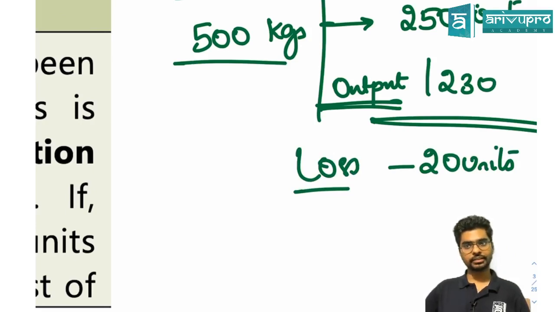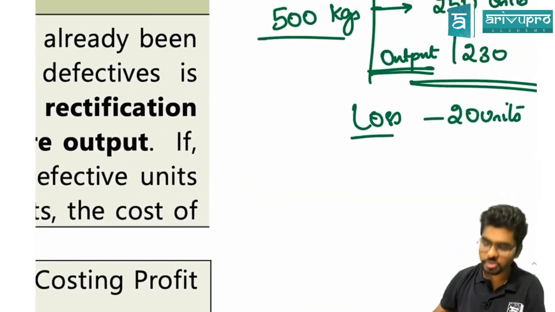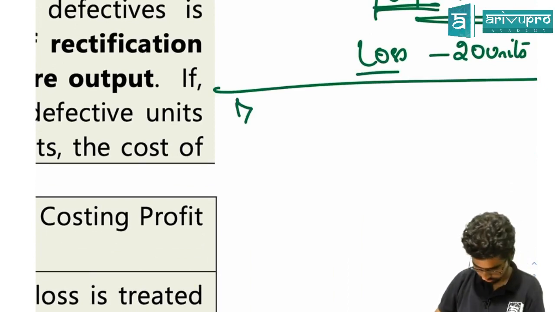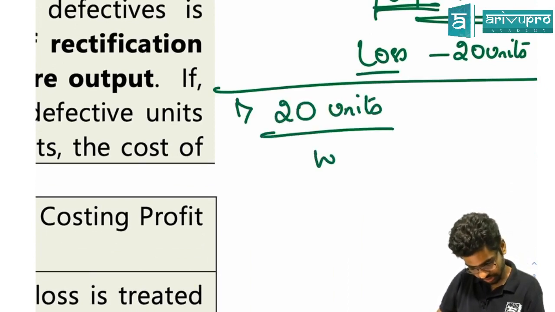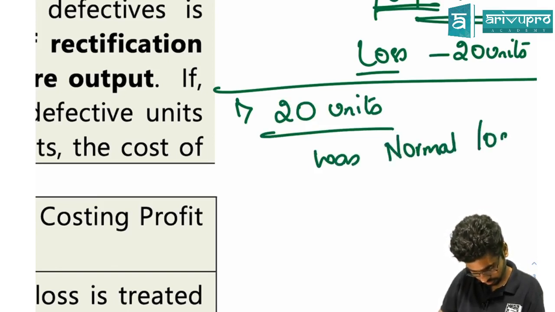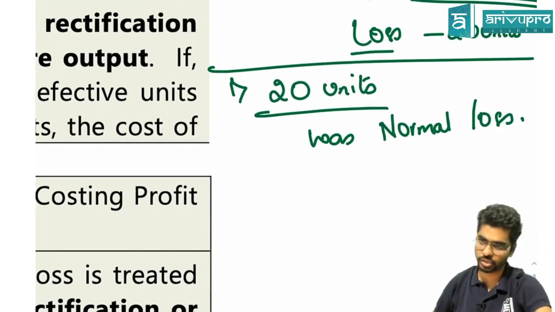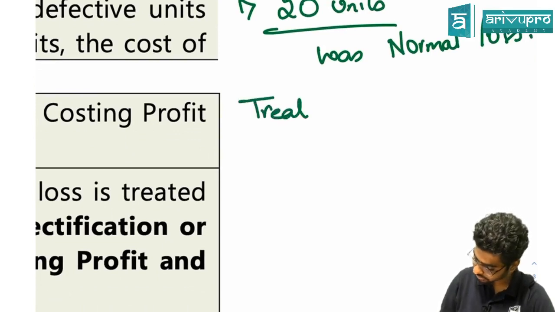Did you understand till here? Now see here, I'll do case number 1. 20 units was normal loss. This is my case 1. How do I treat it?